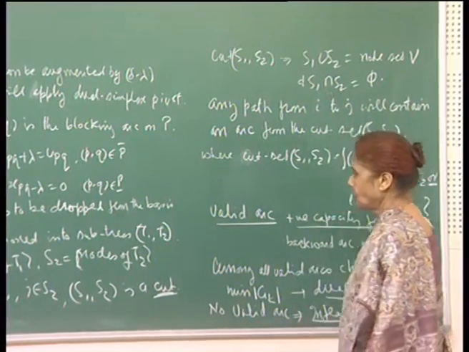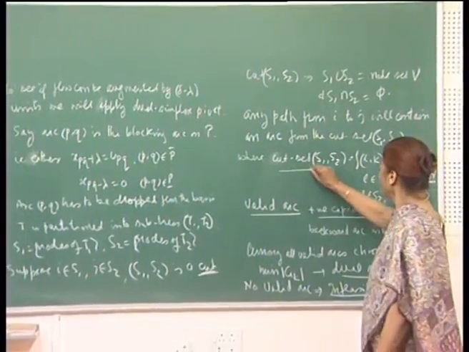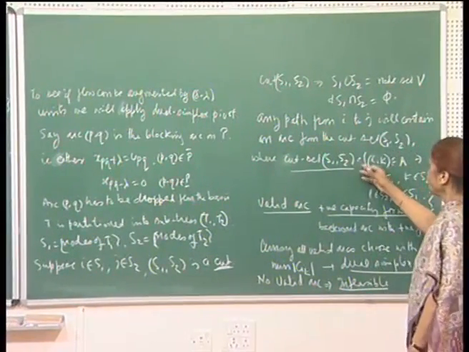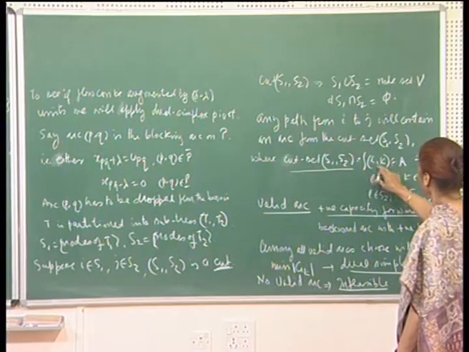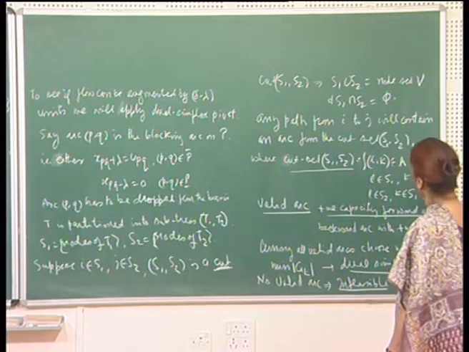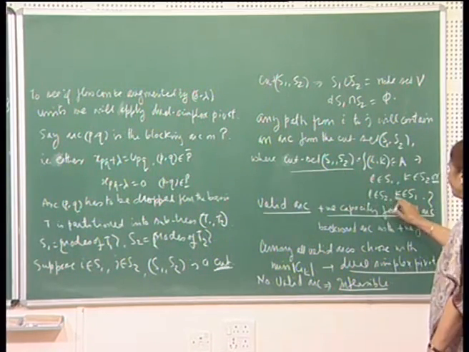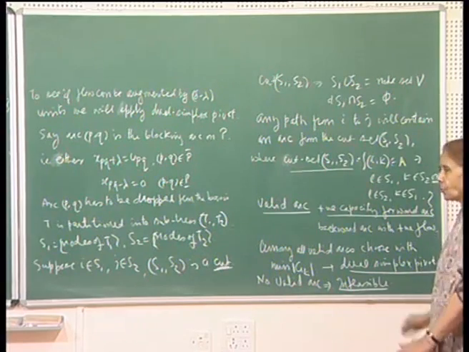This is how you define a cut, and the cut set will be all arcs which are either from S 1 to S 2, that means (l, k) such that l is in S 1 and k is in S 2, or arcs going from S 2 to S 1, that means l is in S 2 and k is in S 1. So, these are all the possible cut set arcs.